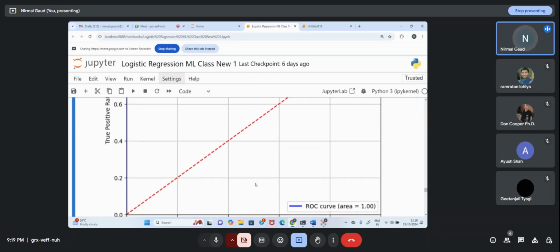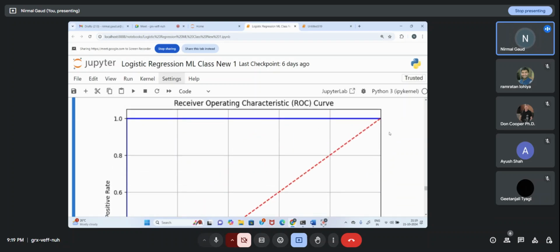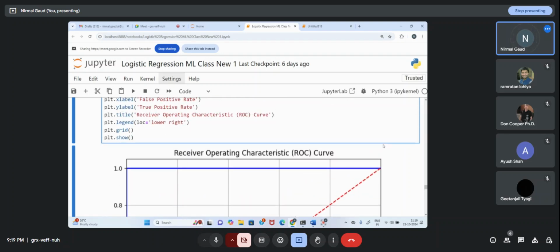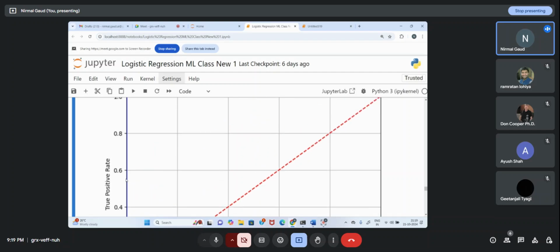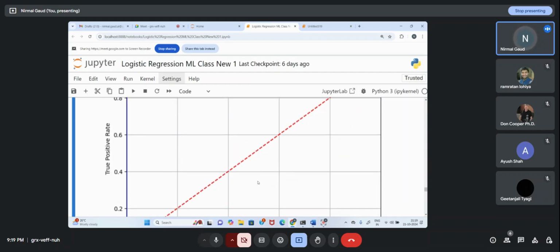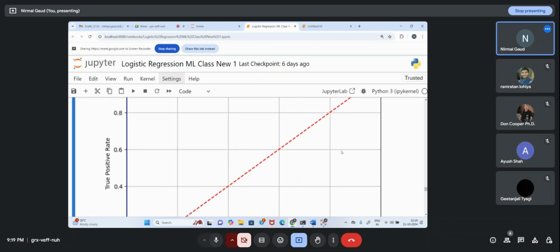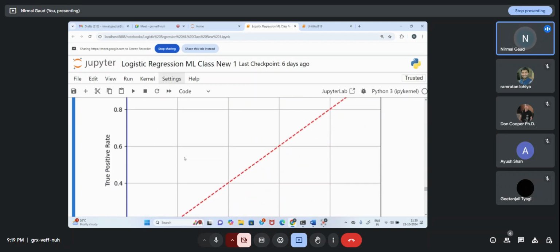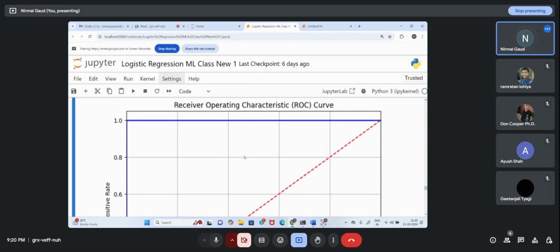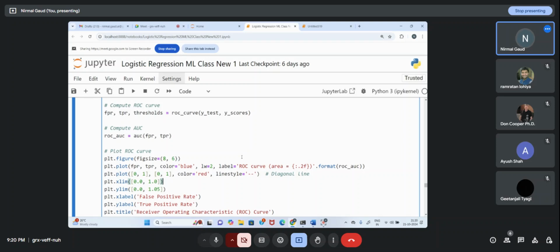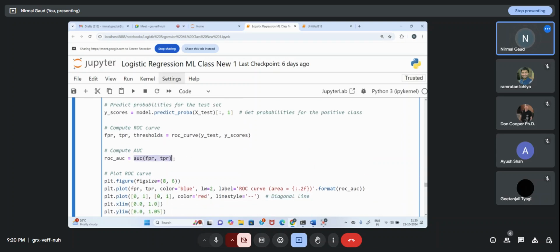How much will be this length? It's 1. This is 1, and this is also 1. And this is the diagonal, the red one. So the area inside this entire region is considered to be AUC, and it's 1, calculated according to TPR and FPR.